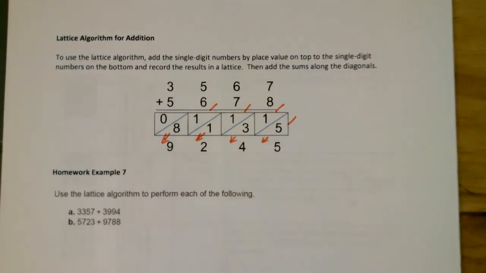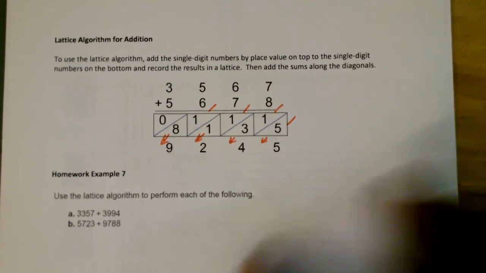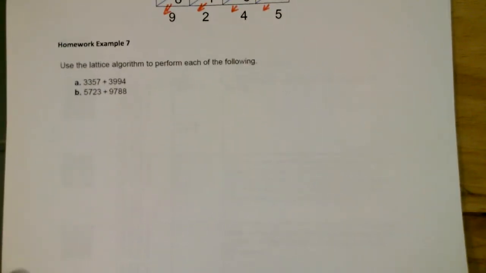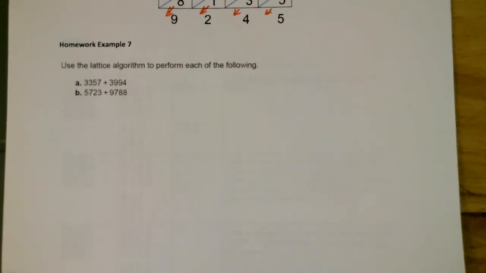Okay. So now let's use that lattice algorithm on these homework problems. Like in part A, we got 3,557 plus 3,994.